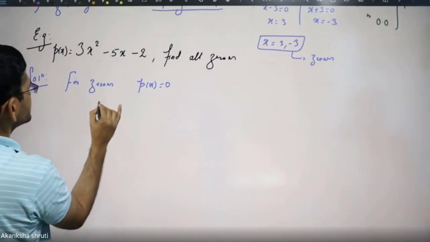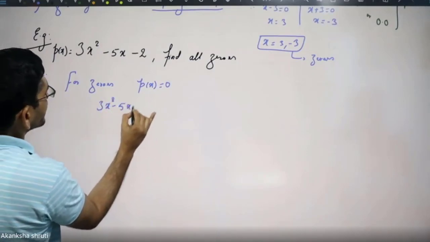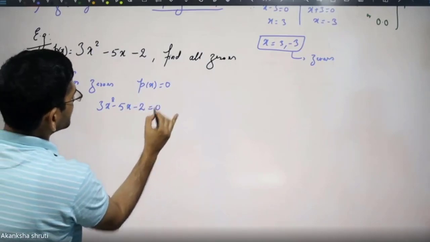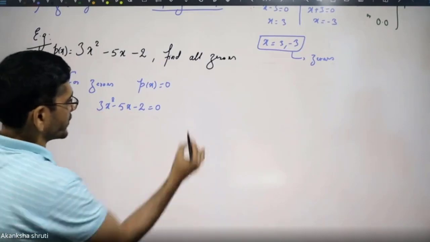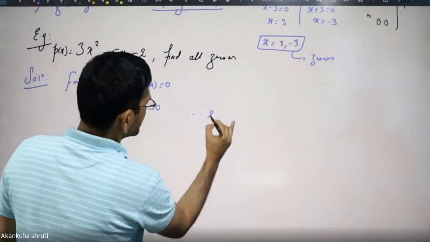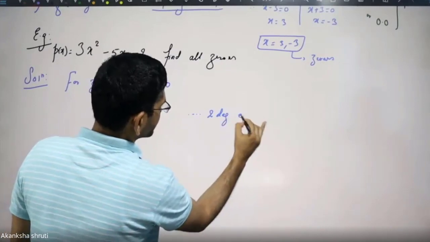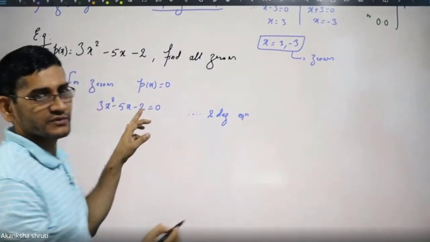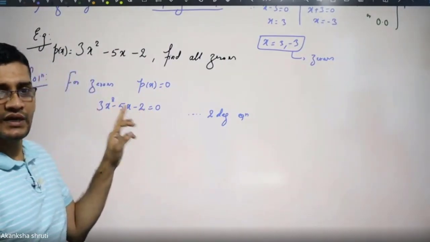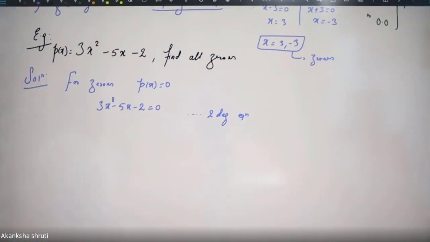So write 3x square minus 5x minus 2 is 0. Now, this is a 2-degree equation. Since the equal sign is there, it is called an equation. Otherwise, it will be called an expression. I had explained the difference between equation and expression.